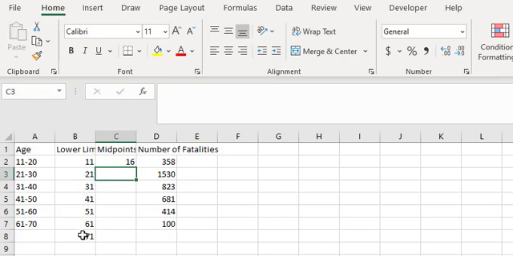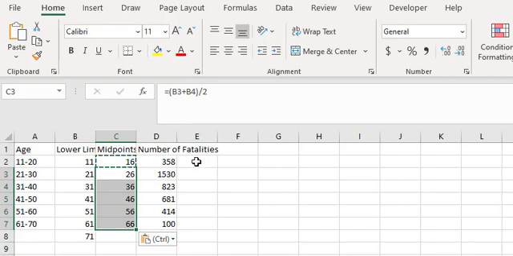Now I don't want to enter each number. So what I'm going to do is place the cursor here, then Control C. That means it will copy the formula, then highlight these columns and press Control V. So midpoint of all the classes are there.